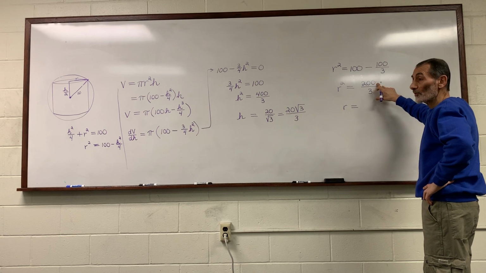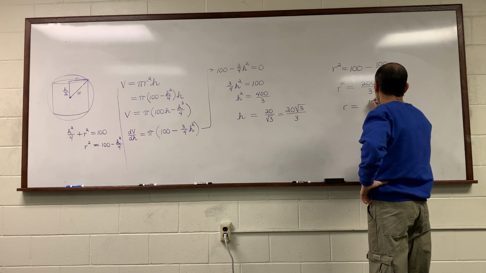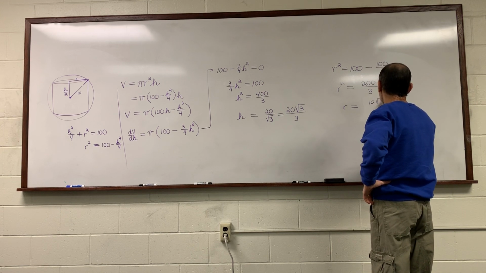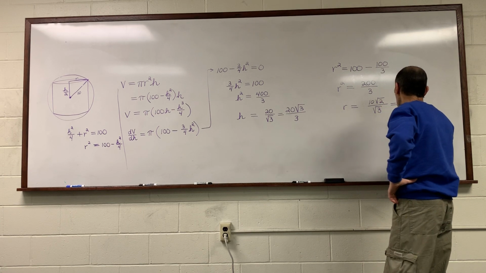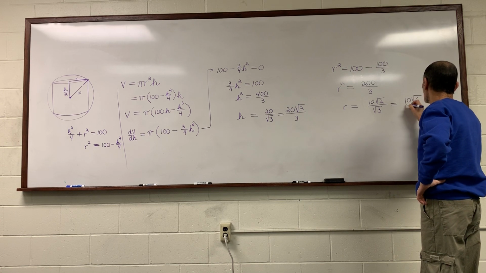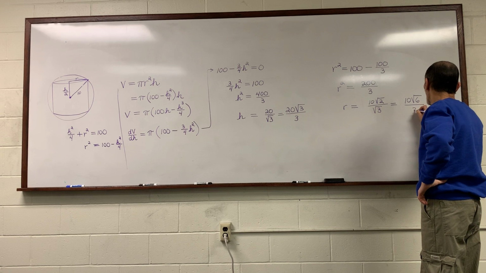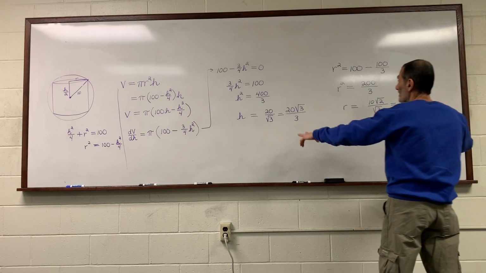Since 100 is a perfect square and is a factor of 200, R equals 10 times the square root of 2 over the square root of 3, which equals 10 times the square root of 6 over 3. And there are the dimensions.